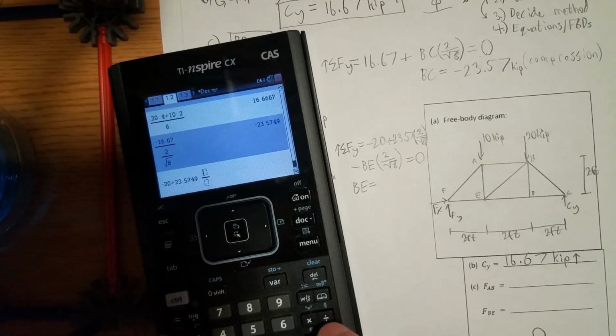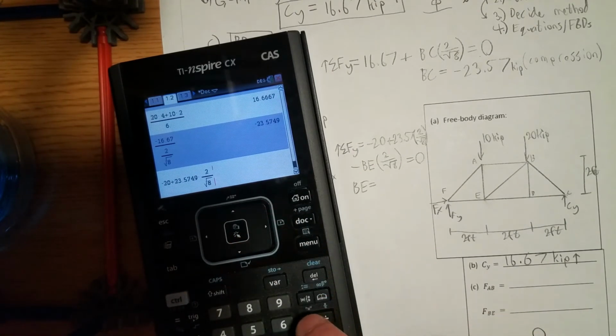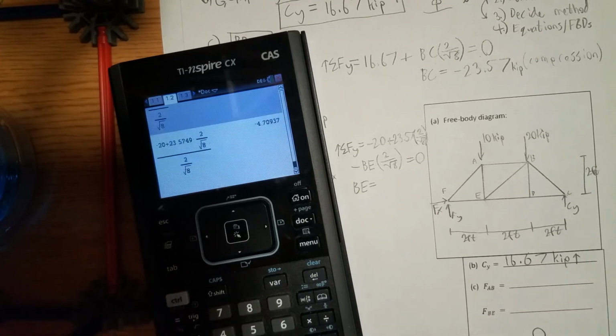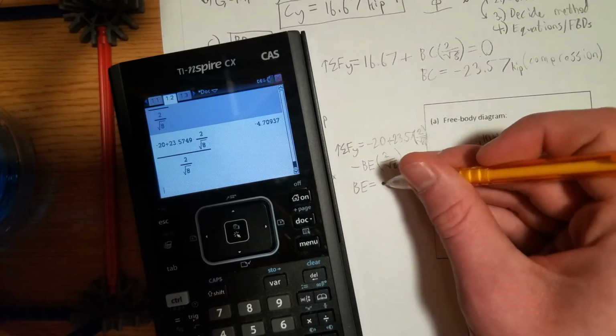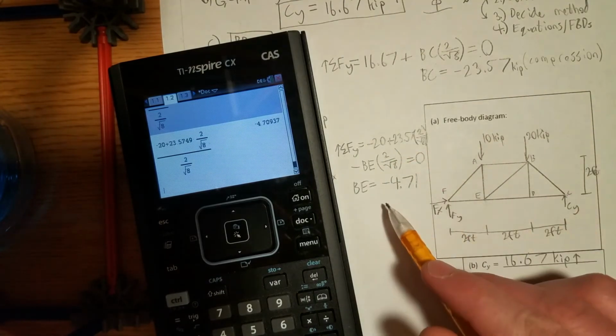And we'll multiply that by our 2 over the square root of 8. We'll put that in parentheses and divide that by, again, 2 divided by the square root of 8. We calculate that out, and we get negative 4.71, and that's our BE.